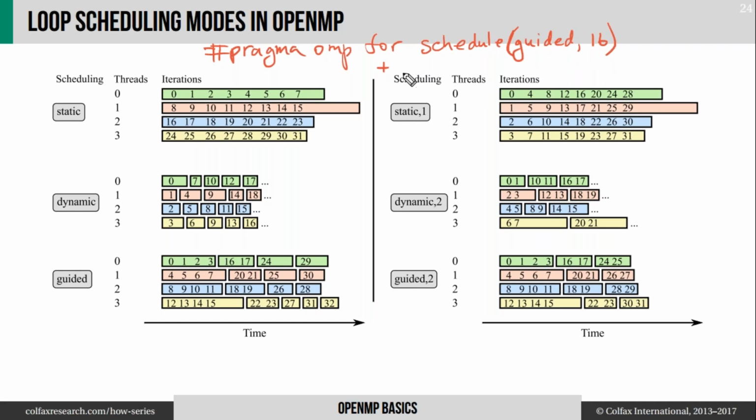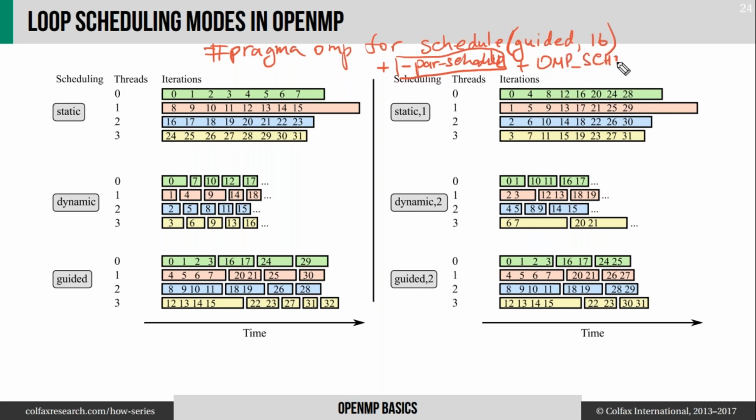Plus, in addition to that, you can tune scheduling with an argument such as, I believe it is par-schedule. And this is specific to the Intel compiler. This is a compiler argument. Plus, you can set the schedule to runtime and then use an environment variable, OMP_SCHEDULE.